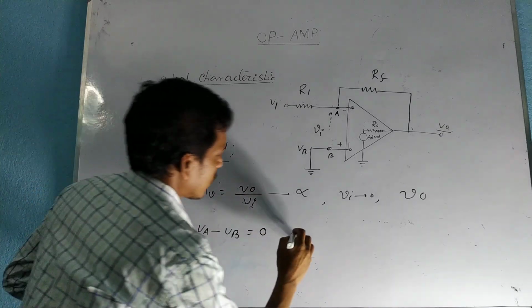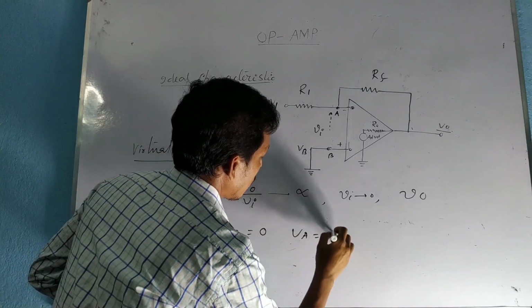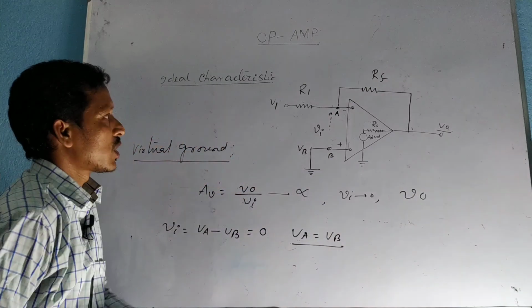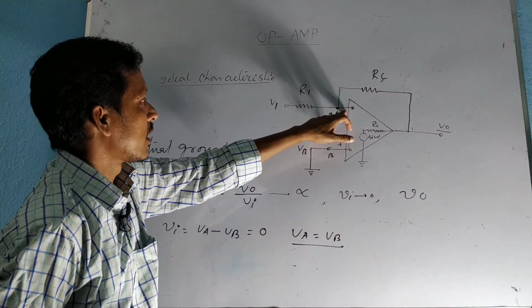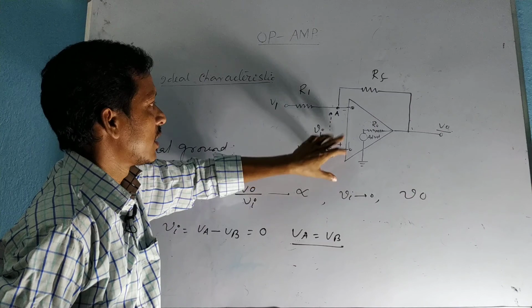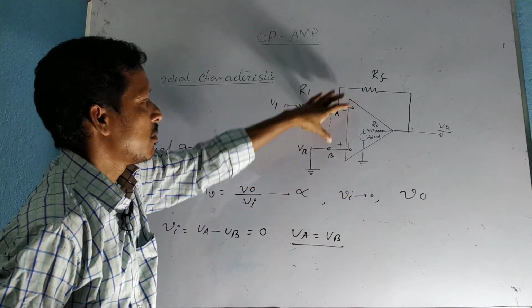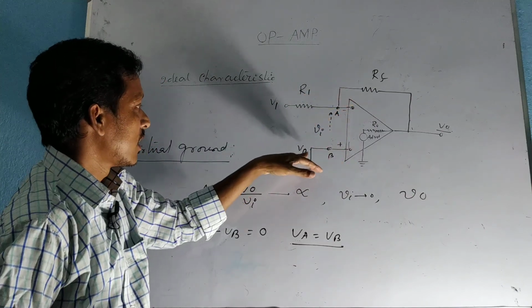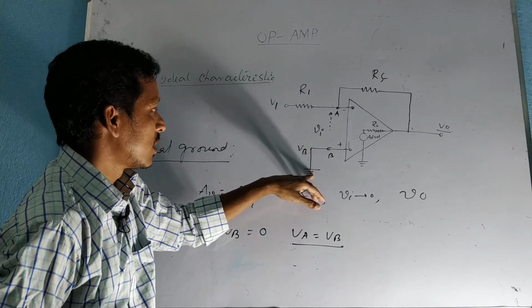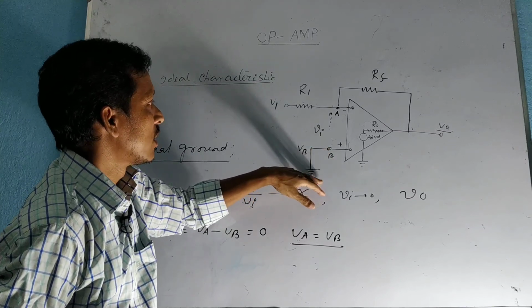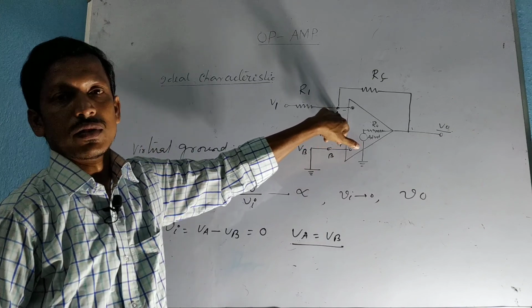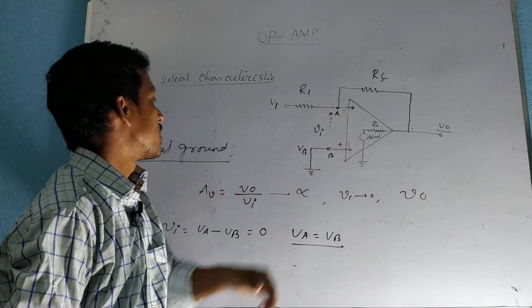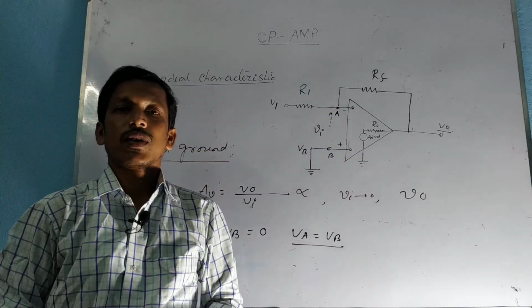So Va equals Vb, that means both points A and B remain at the same potential, and since point B is grounded, A is also ground. So point A is called the virtual ground point. Okay, thank you.